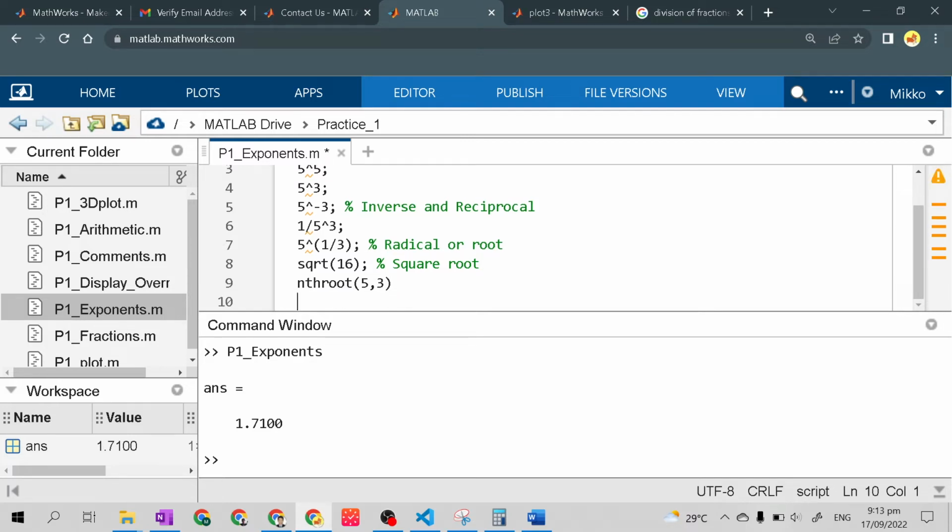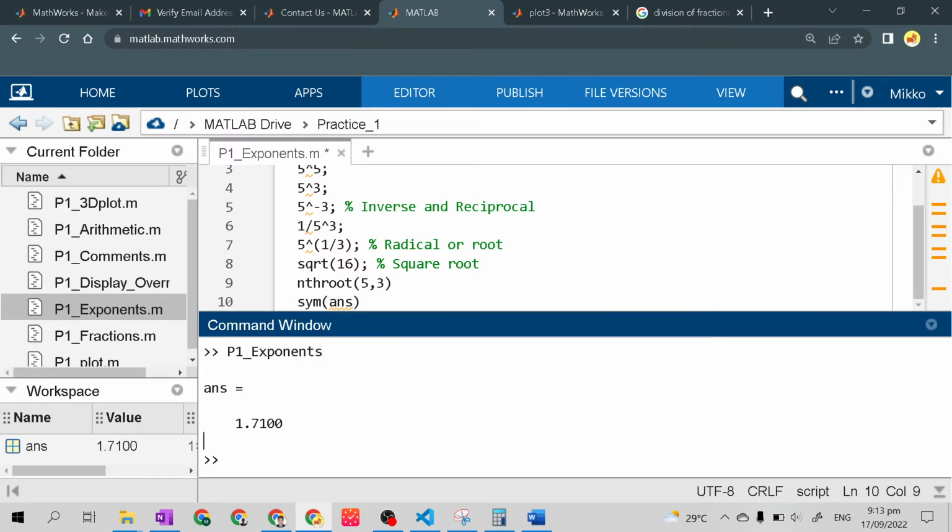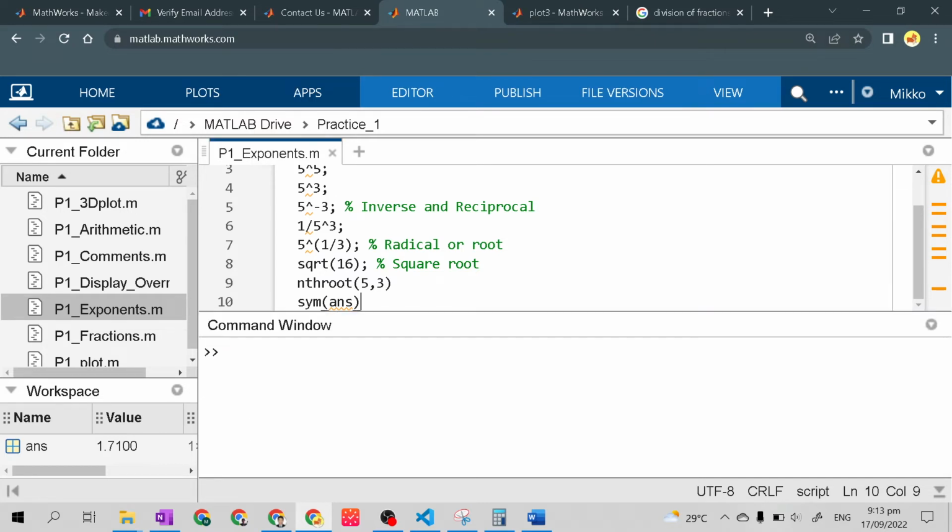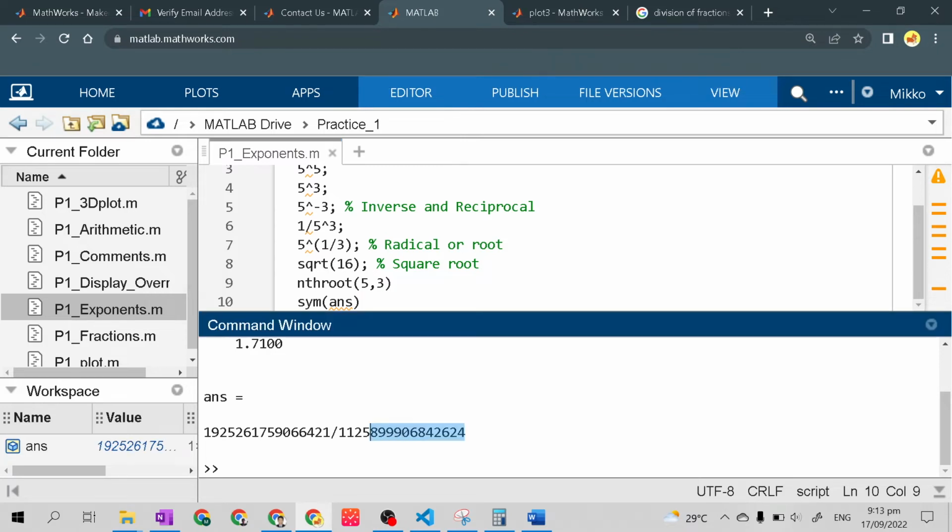If you want this to be a fraction, you can also make this a fraction. Okay, let's try. The answer is 1.71. So just put the variable 1.71. Then CLC. Then F5. This is the fraction form of the cube root of 5. It's very long.